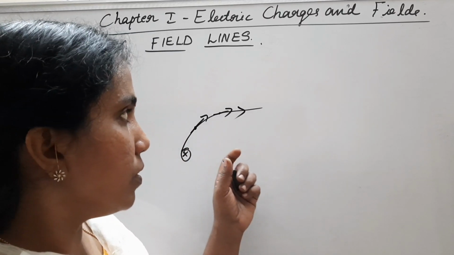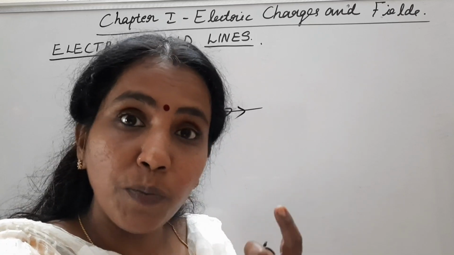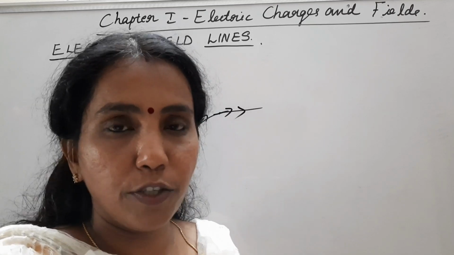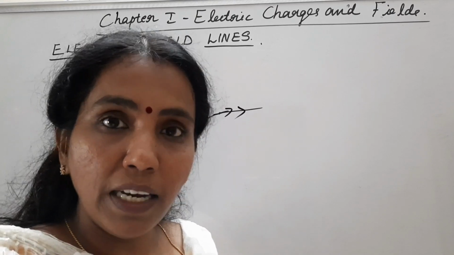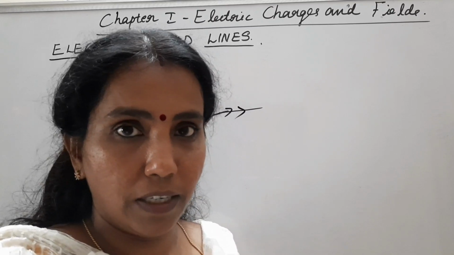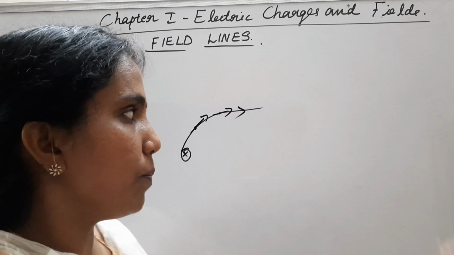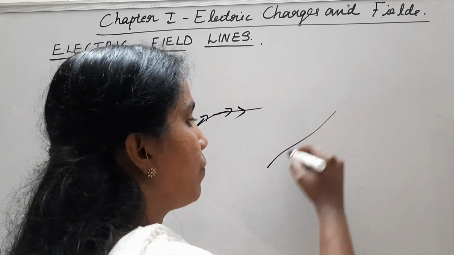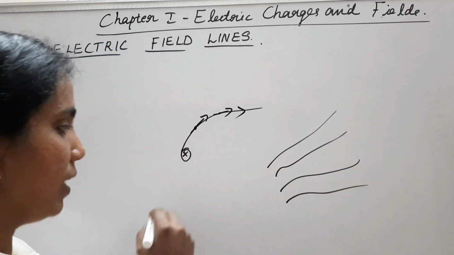Now it's not compulsory that you have to draw only one line. As many lines as possible you can draw to represent an electric field. So there can be many electric field lines which represent an electric field. Suppose you have many electric field lines like this, and you have some other electric field.